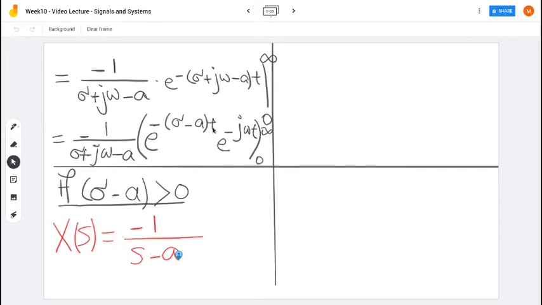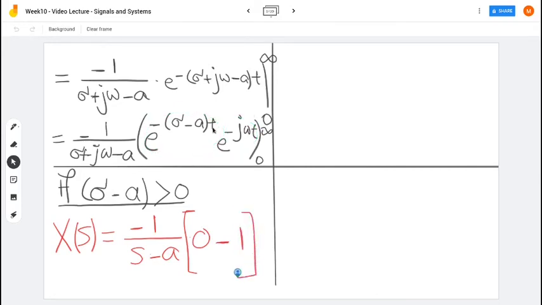Over here, we have simply combined sigma plus j omega as s one more time. And now, when we substitute with infinity, we will be having e to the power minus infinity, which will give us 0, minus, here we will be having e to the power 0, which is 1.